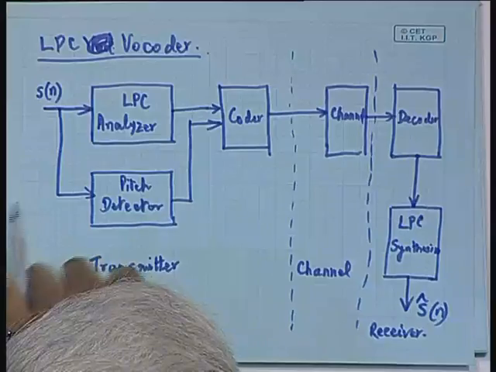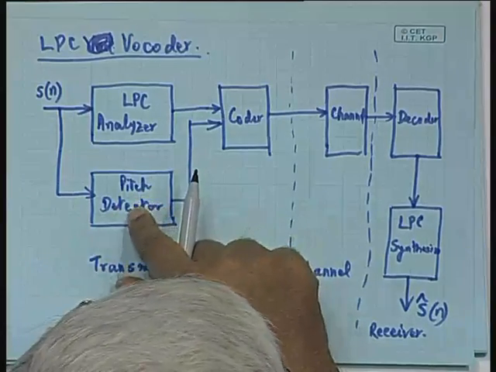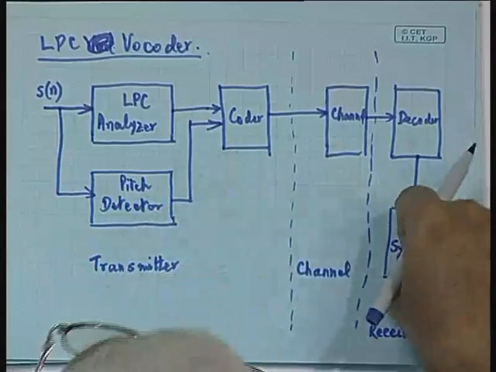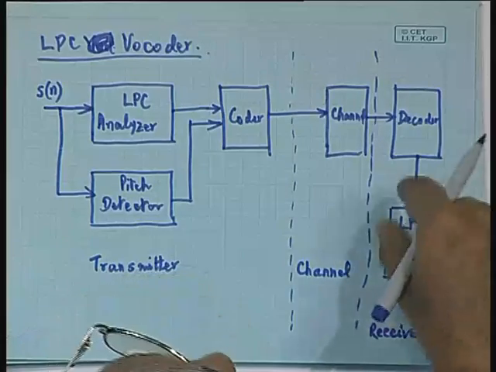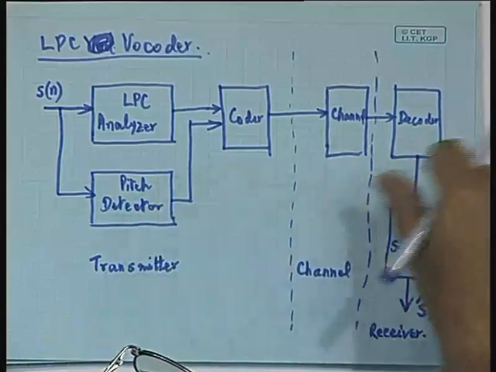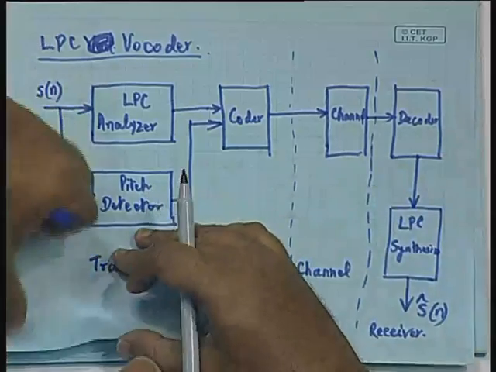And one of the aspects that should be considered about the vocoder realization, of course, is the pitch period estimation that we talked about, which we used in our LPC synthesizer, because the LPC synthesizer essentially makes use of the pitch parameters which are obtained over there.